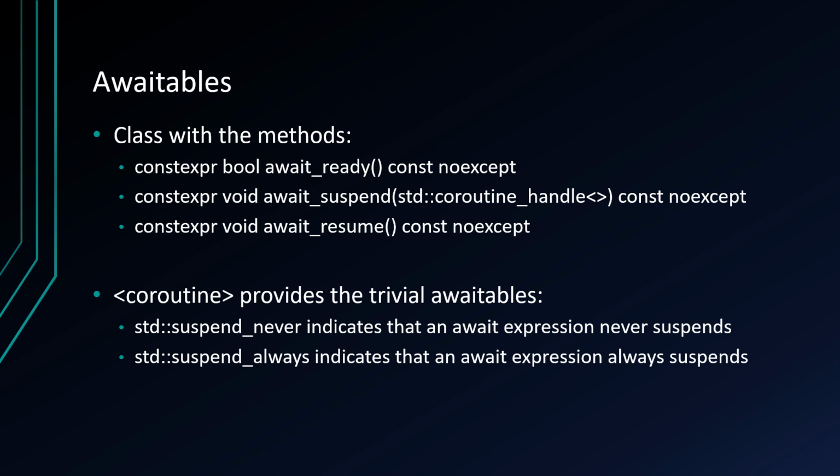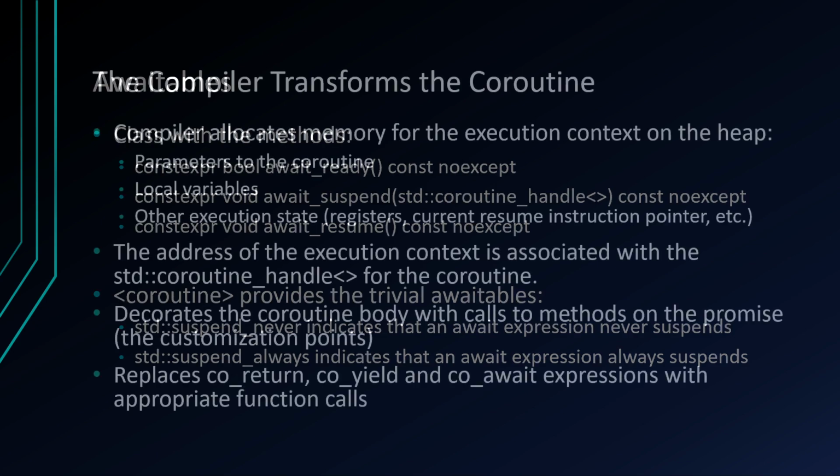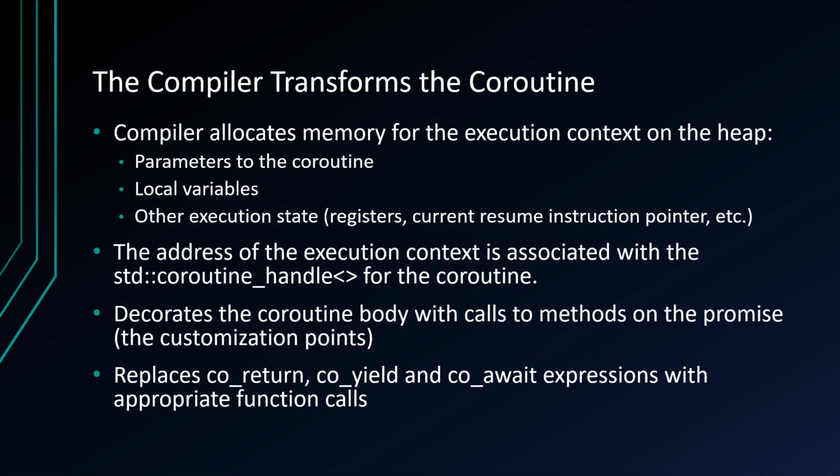You call co-await on suspend always, and it always suspends. And we'll see when we look at the promise type associated with the wrapper that we're going to end up using std::suspend_always and std::suspend_never as the return types of customization points that we're going to implement in the promise.